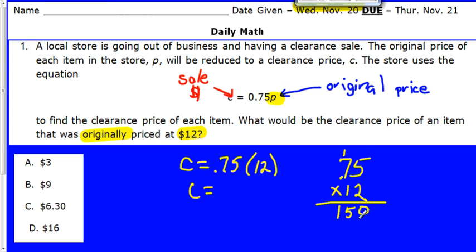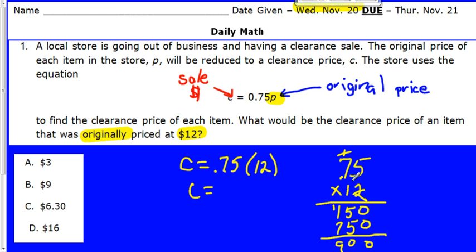Okay, so far I have 2 times 5 is 10, carry your 1, 2 times 7 is 14, plus 1 is 15. Now I'm going to scratch, lay my egg. 1 times 5 is 5, 1 times 7 is 7. I'm going to add that up, so 0, 5 and 5 is 10, carry my 1, 7, 8, 9.